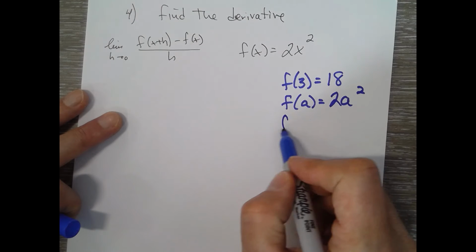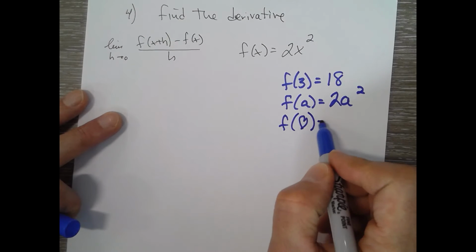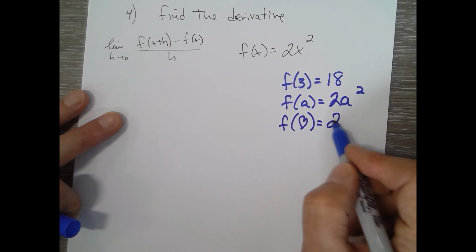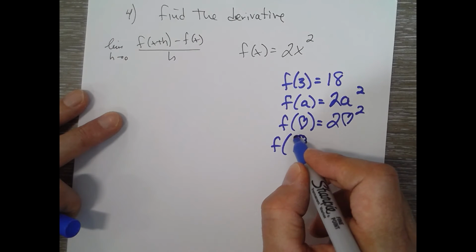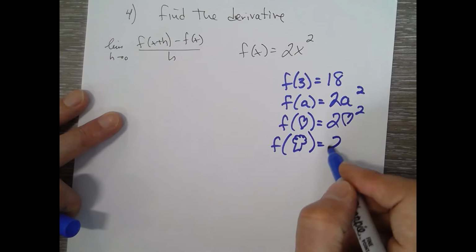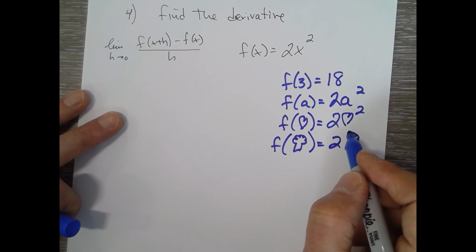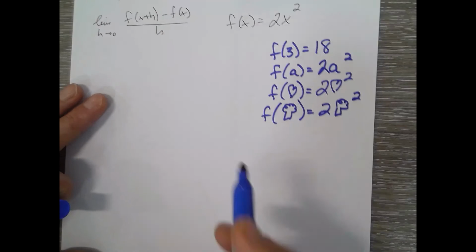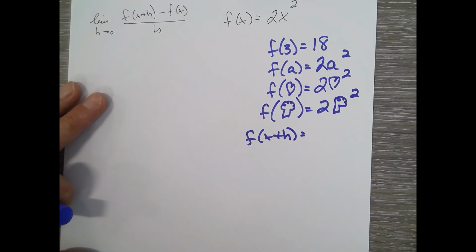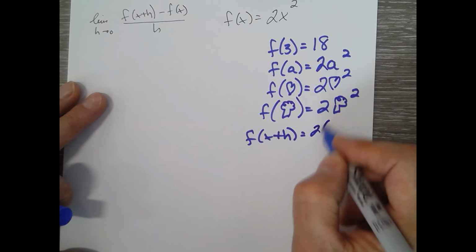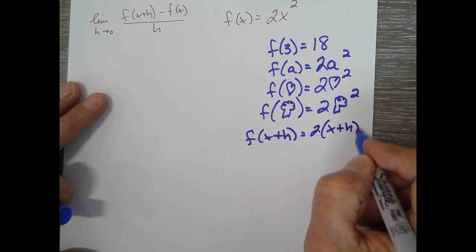What if it's f of heart? 2 heart squared. What is f of broccoli? 2 broccoli squared. What if it is f of x plus h? Good, 2 times x plus h, squared.